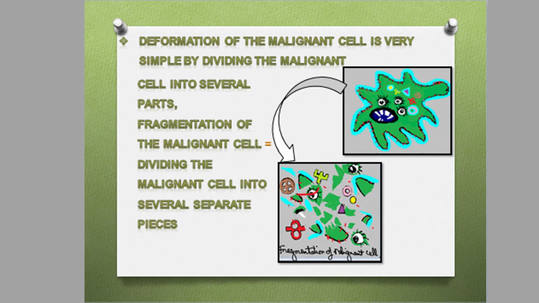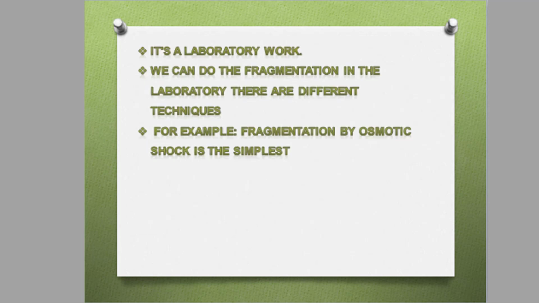Deformation of the malignant cell is very simple: by dividing the malignant cell into several parts. Fragmentation of the malignant cell equals dividing the malignant cell into several separate pieces. It's laboratory work.